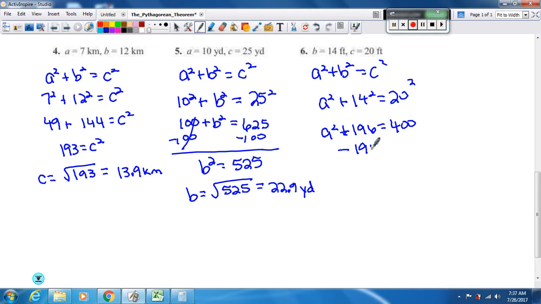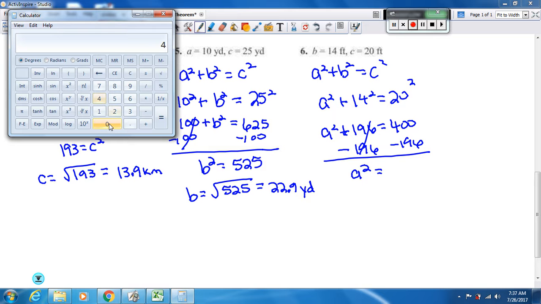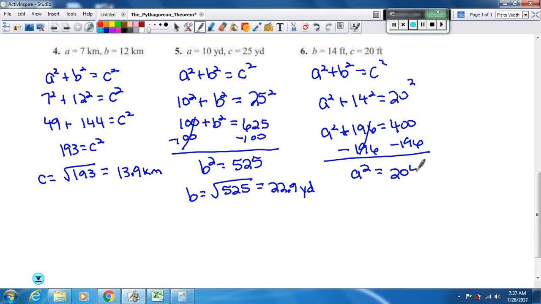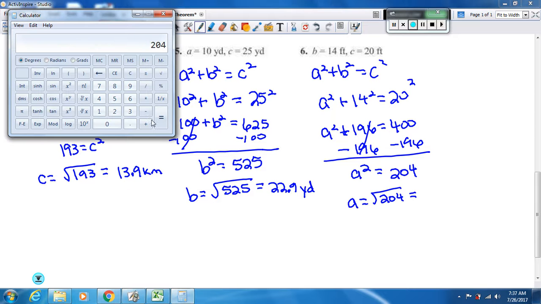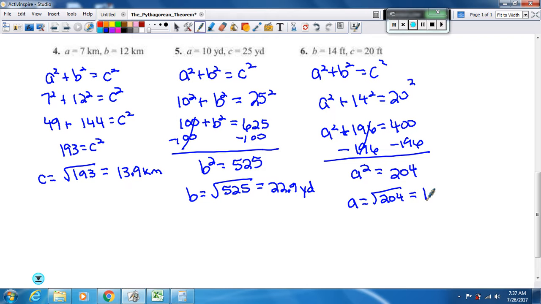Subtract out 196. A squared equals 400 take away 196 is 204. A equals the square root of 204, which is 14.3 when you round it properly.